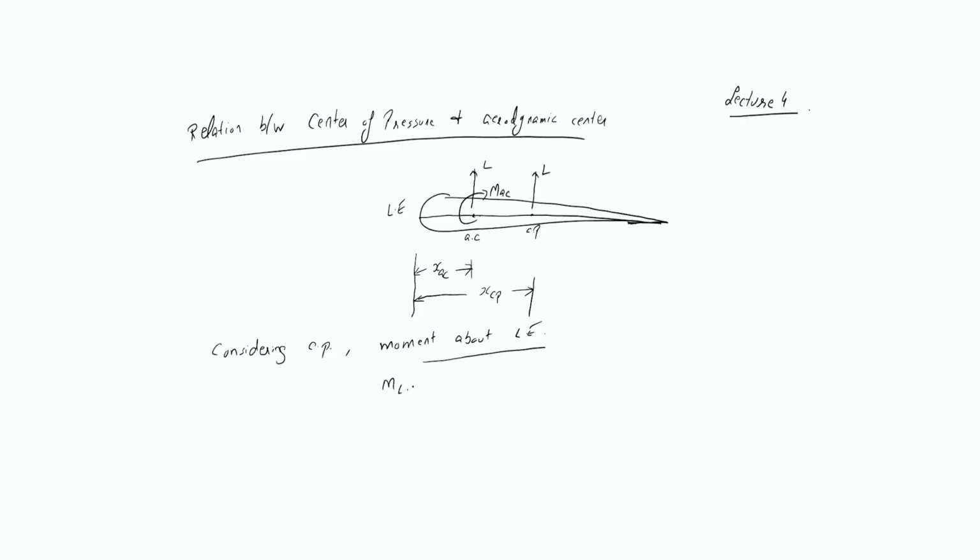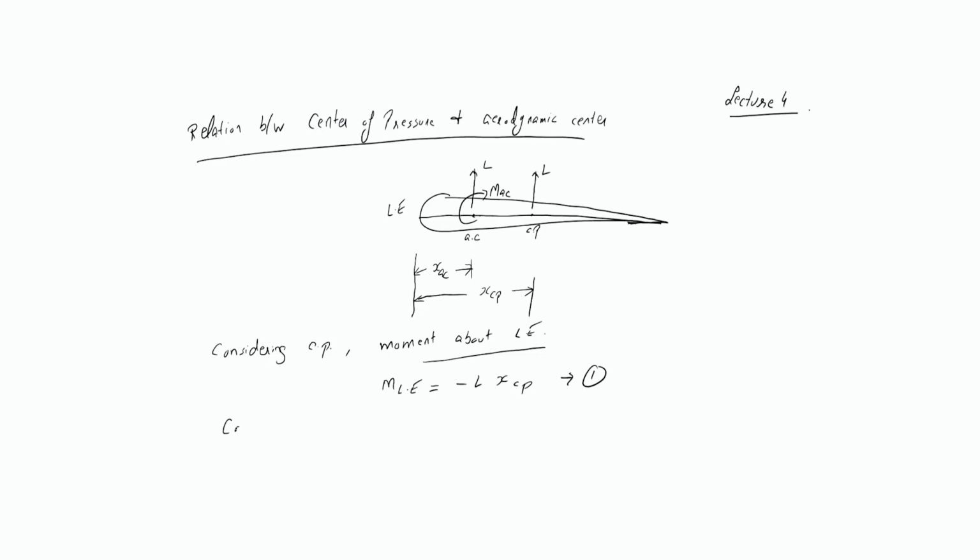Moment about leading edge is equal to minus L into XCP. This is a negative moment, since this force acts at a distance XCP. So this is actually pitching downward, so this is minus L into XCP. I hope that is clear.